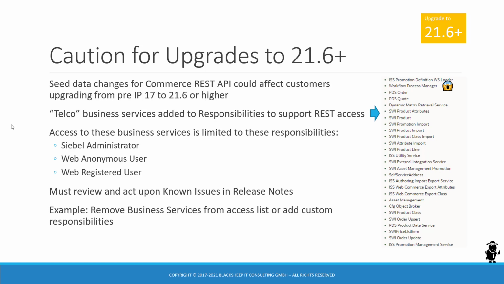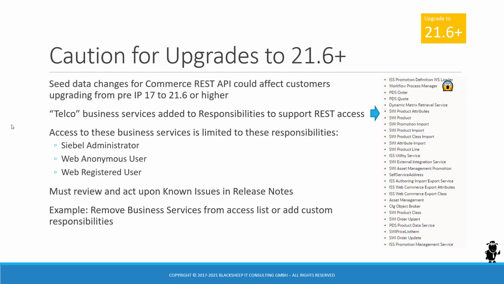And so you must act upon this. If you know about this from the release notes, you are upgrading from pre-IP17 to 21.6, you must act upon this. The easiest choice, if you're not using DX4C capabilities or the new Commerce REST API, is to just remove those business services from the access list, and that's what Oracle recommends here.